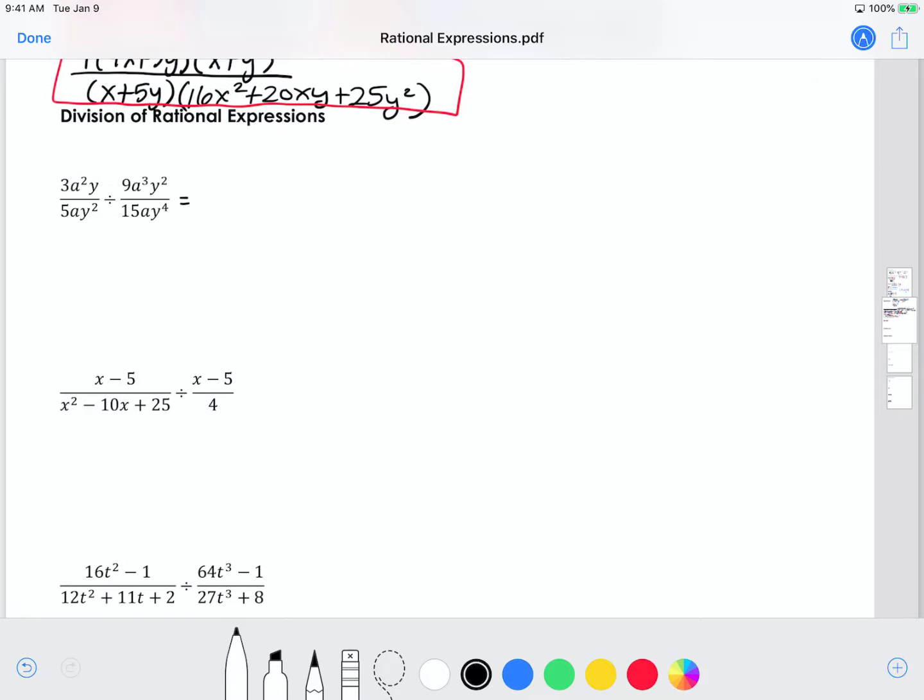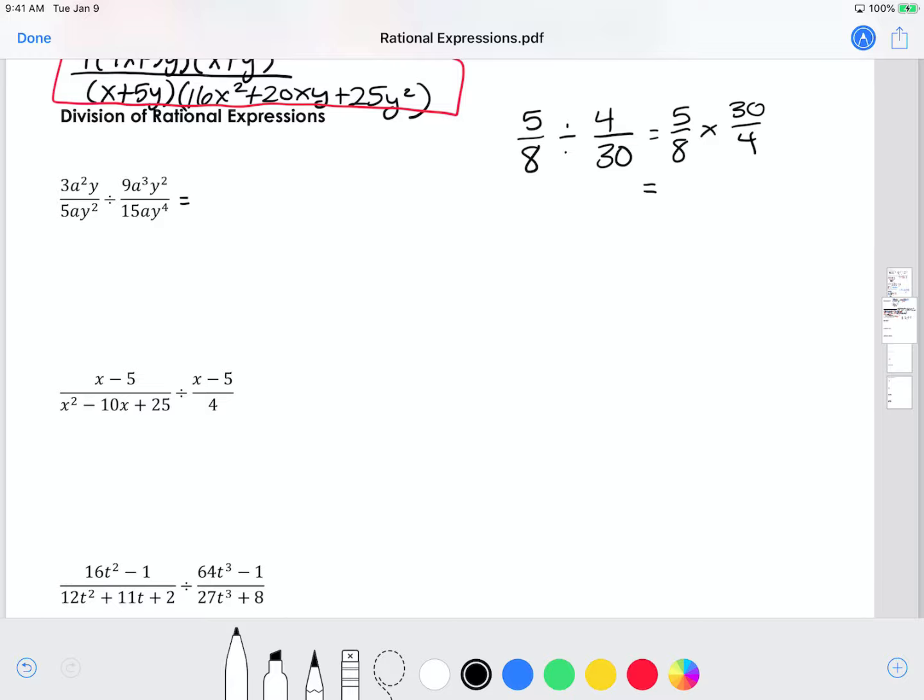Now, when we divide rational expressions, we're going to use the same procedure that we use when we divide numerical fractions. So if you think back, if I asked you to take 5/8 and divide by, say, 4/30, then I would take the first fraction and multiply it by the reciprocal of the second fraction.